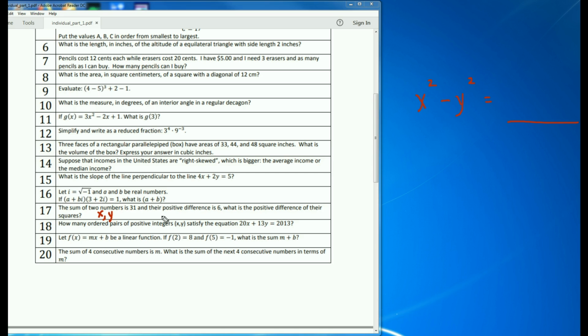All right, last comment briefly is on number 18. How many ordered pairs of positive integers solve this equation? So hopefully you recognize by now that that is a linear Diophantine equation. You could use that method from the very start, or I think they did this deliberately.